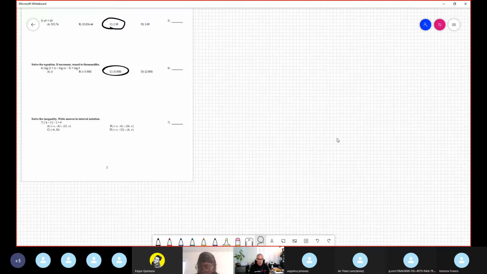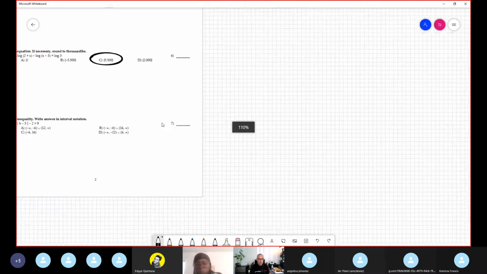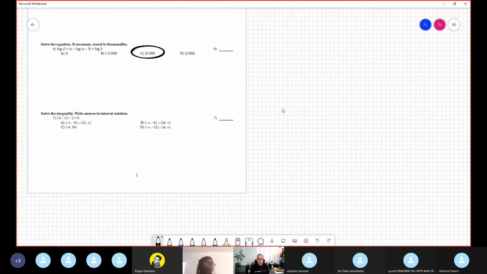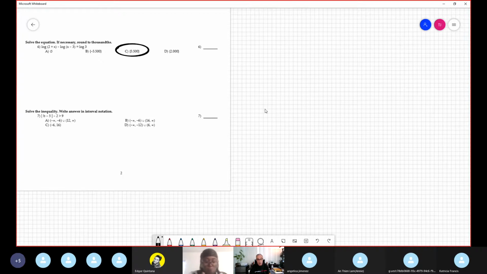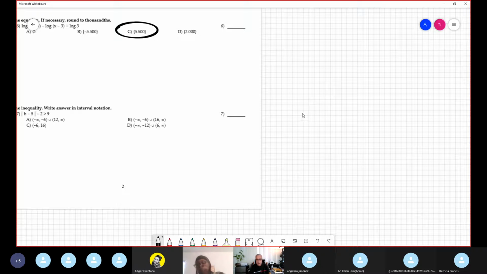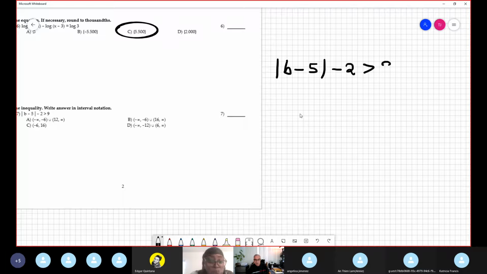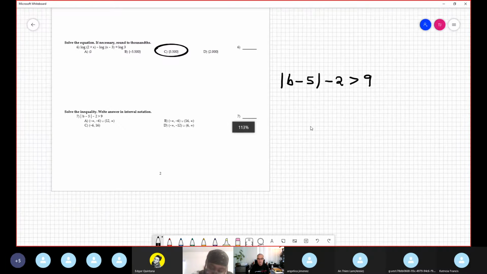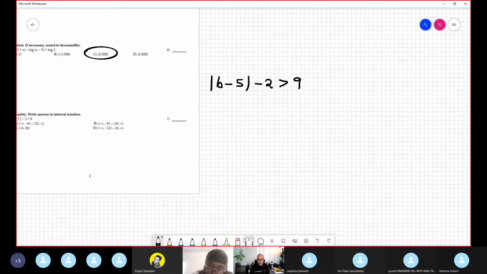See number 7. Number 7 is exactly an inequality. We used to work with this in chapter 1, no? It's an inequality that involves absolute value: the absolute value of b minus 5, minus 2, greater than 9.